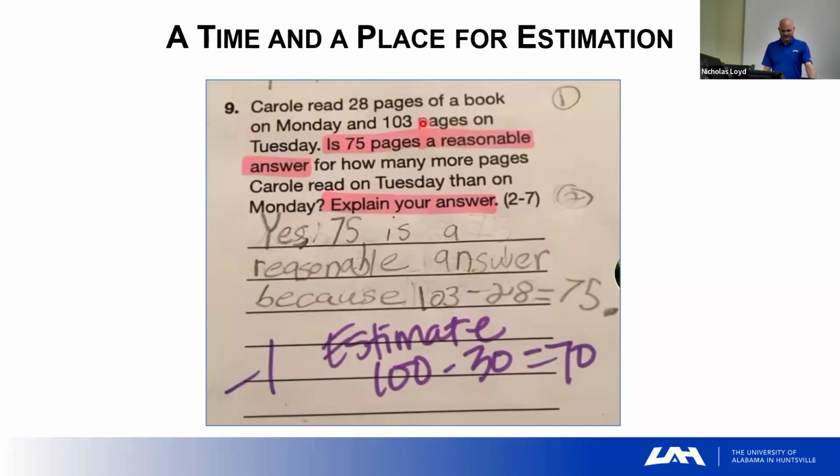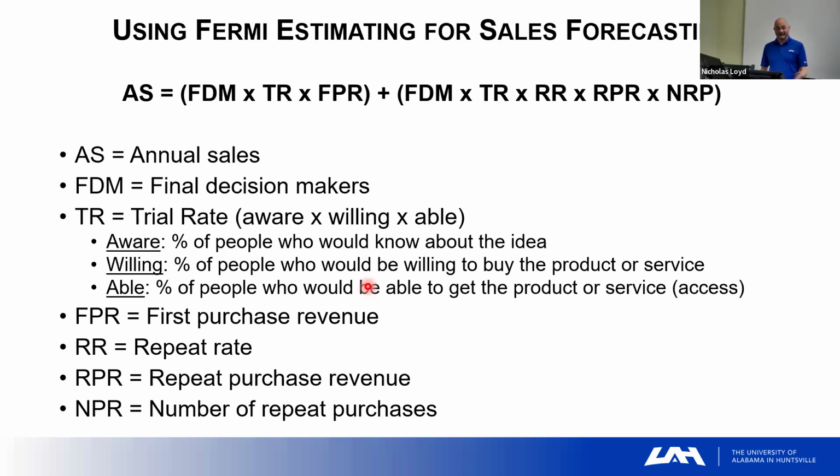And another 103, I'll change that to 100. So the answer is supposed to be 70, the difference. And this kid did the exact equation. So the answer is supposed to be 70 by estimation instead of the exact answer. So be careful with estimates, but at a high level, I think it's okay.